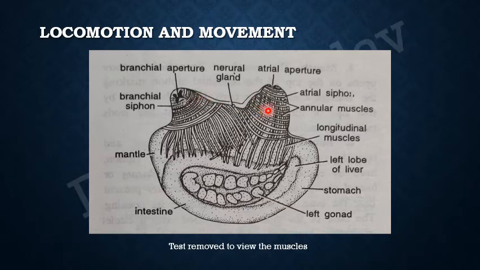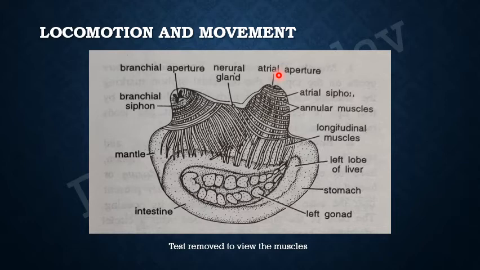Now the movement consists of the contraction of the body, the contraction of the siphons, and the contraction of the whole body, and even the contraction of the area between both the siphons.